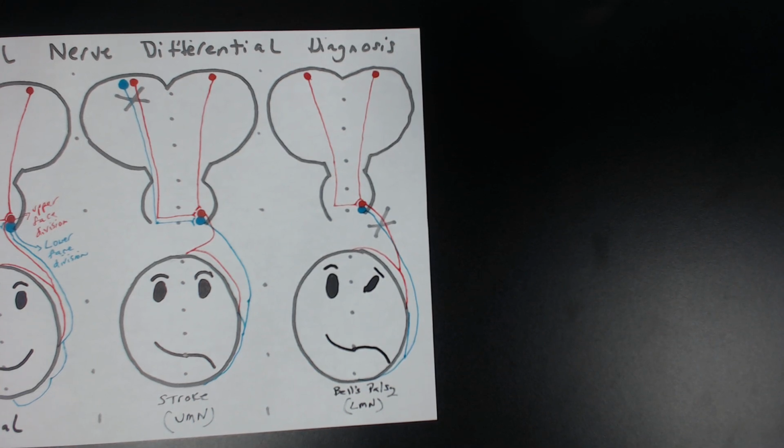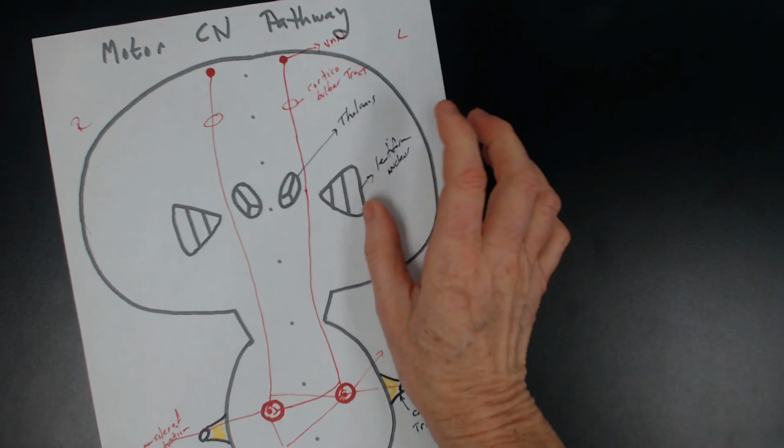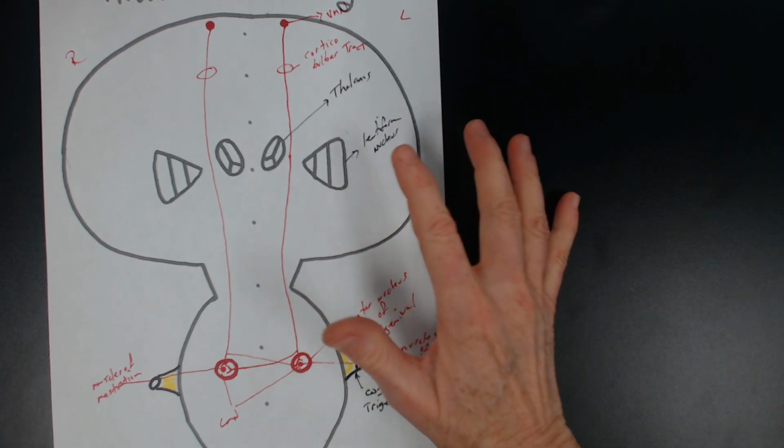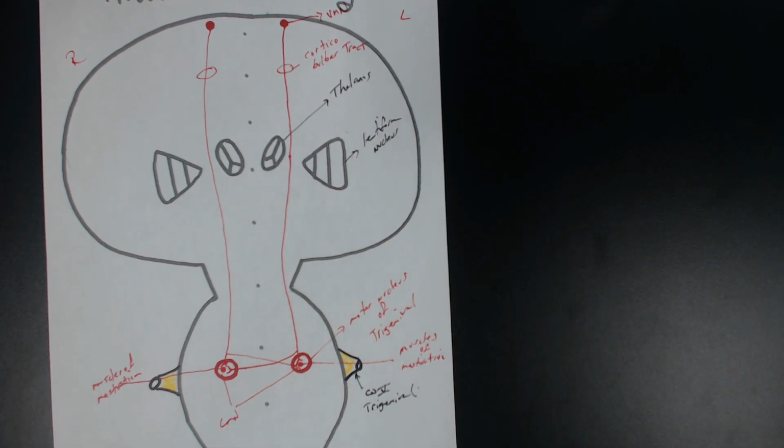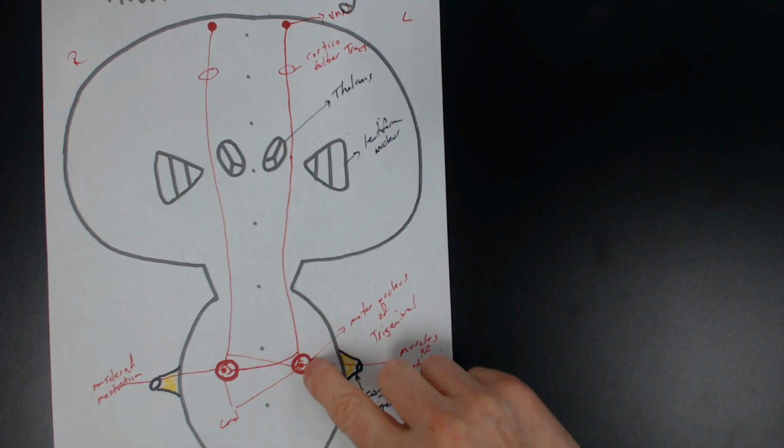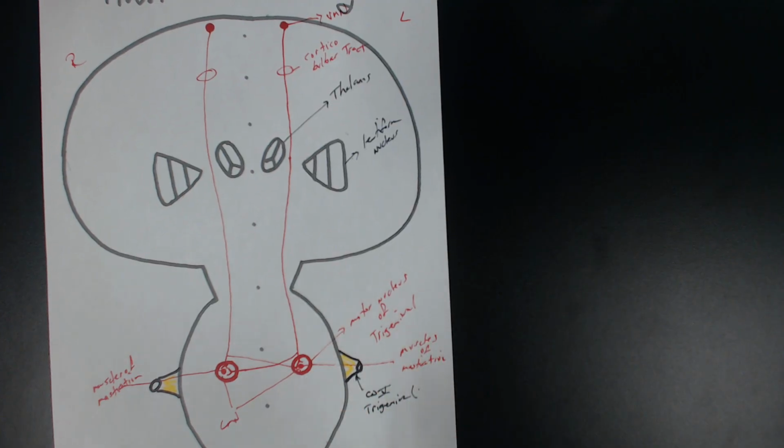Okay. So let me go back and show you the best thing I know to show you the difference. So if I go, where's my motor? Here it is. Remember that? That's everything bilaterally. Okay? So what I'm showing you now, though, is that the facial nucleus not only has an upper face division, it has a bottom part that only controls the lower face.